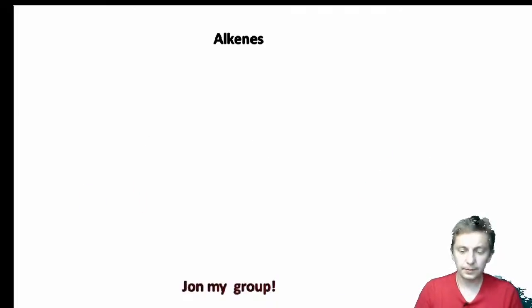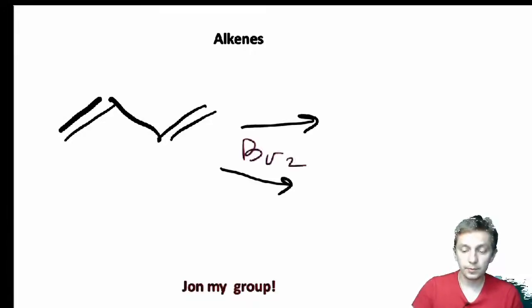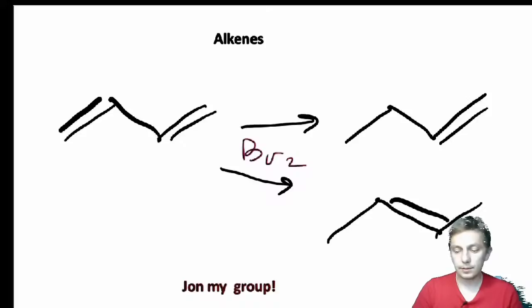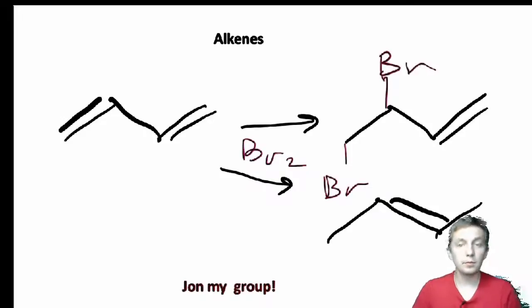Another example, alkenes with 2 double bonds. Here we have several options. One of these products will be just 1 double bond reacting like a separate double bond.